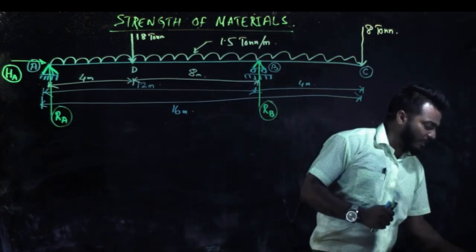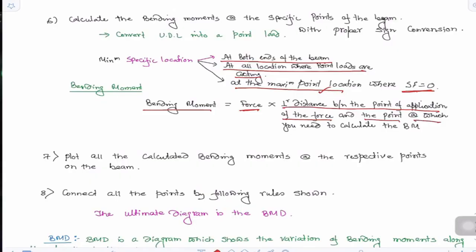So, look at the next step on your screen. Plot all the calculated bending moments at the respective points on the beam. In this step number 7, you need to follow the sign convention for beam that I will show you on the board, how the bending moment can be identified as positive and negative. Once you plot the bending moments at the respective points considering the sign convention, you need to connect all the points by the rule as shown before.